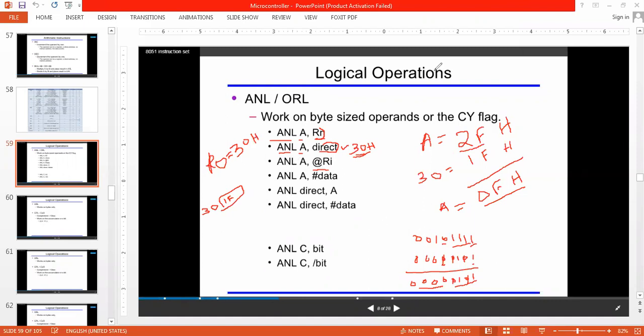Now tell me, for the third instruction, ANL A comma at Ri, what will be the value of A? Example, tell me for this syntax. Say I'll make it R0.